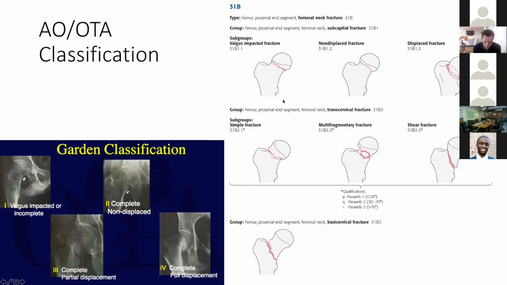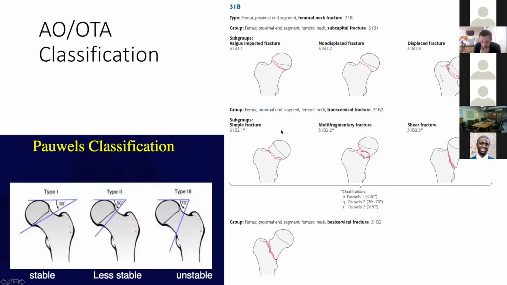So these are the old people fractures, and the young people fractures are called transcervical, or in the mid-neck portion. They incorporated the Pauwels classification into it. So they're basically divided into the point 1s, which is a simple fracture pattern, point 2 is a comminuted one, and the point 3s, which are shear.